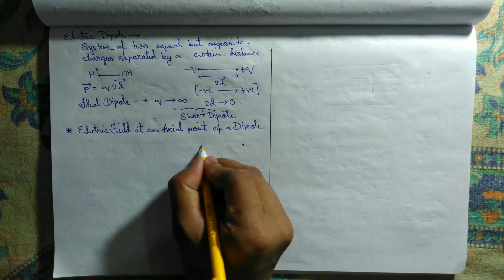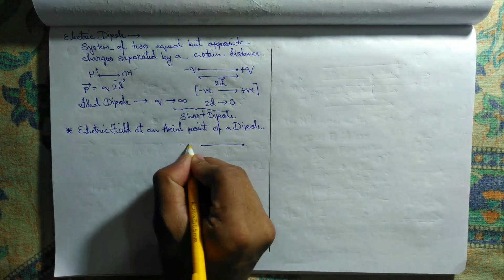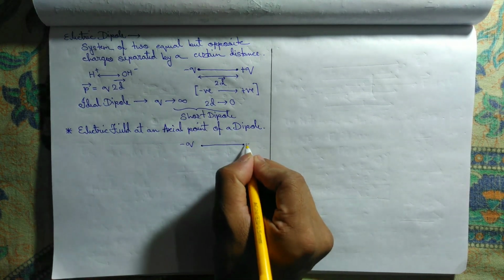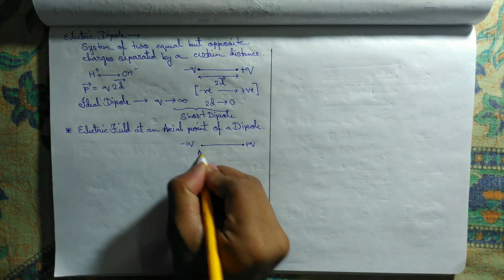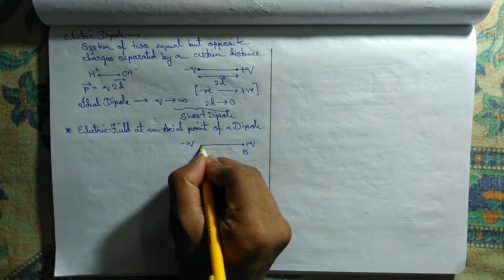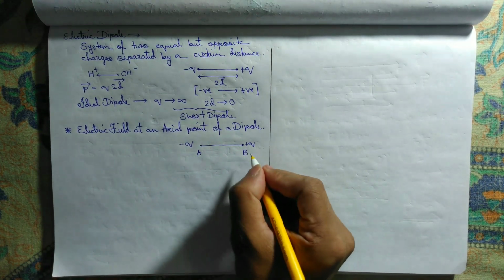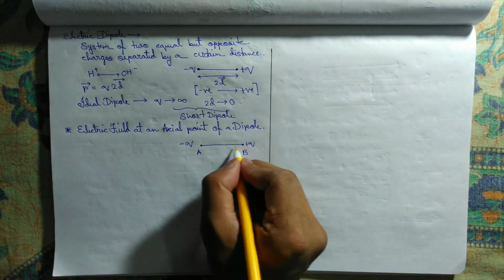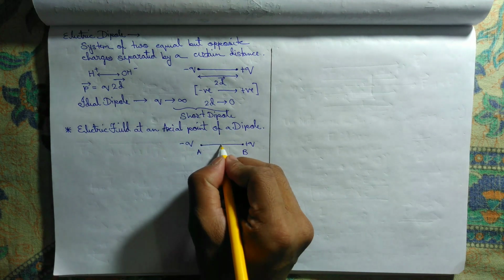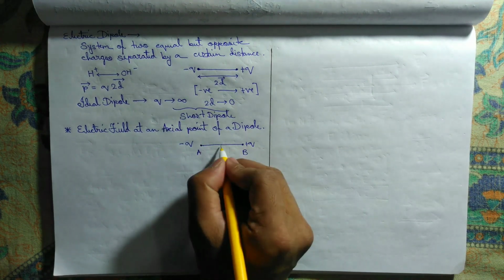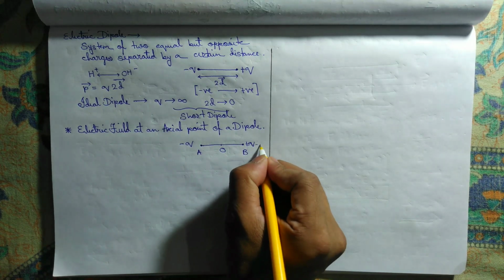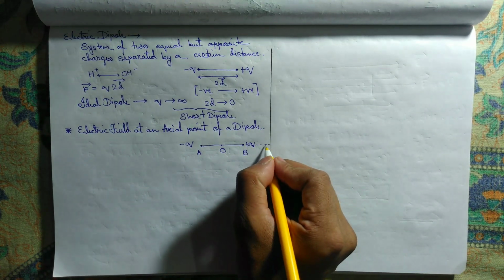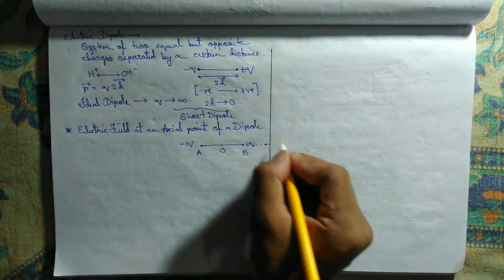Consider a dipole with two charges, minus q and plus q. Name them A and B. Point A will be the minus q charge, point B will be the plus q charge. Take an axial point. Suppose it is the axis of the dipole AB and its center is O. The axis will be like that. Take a point here, point R.